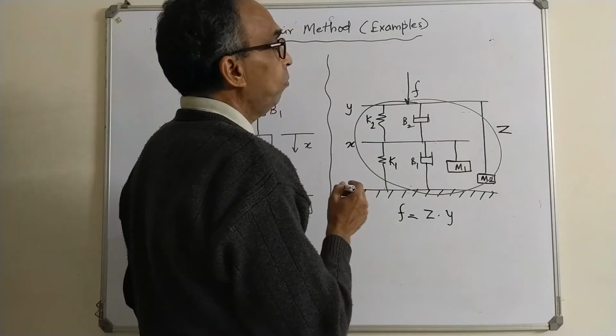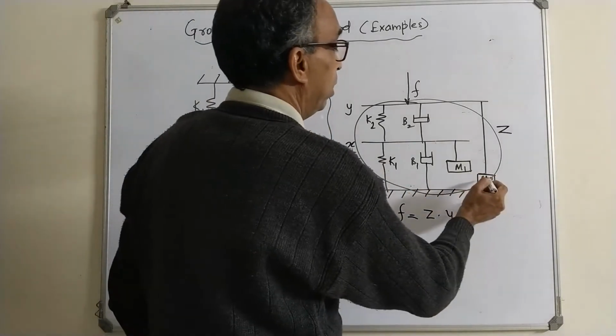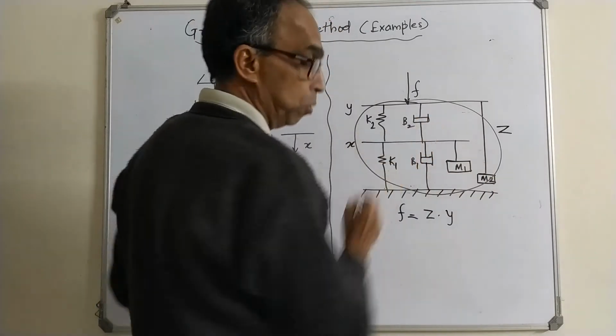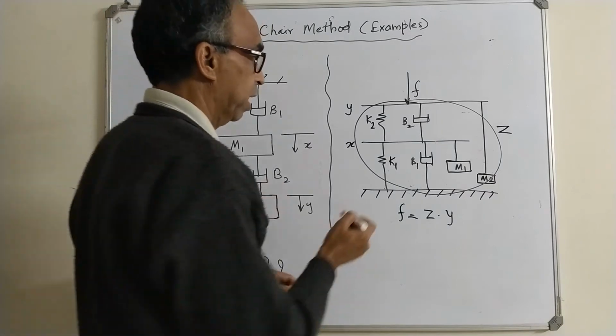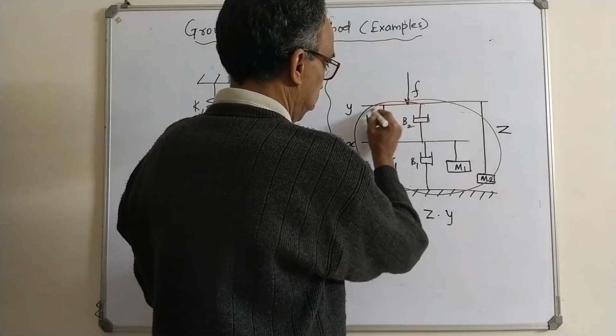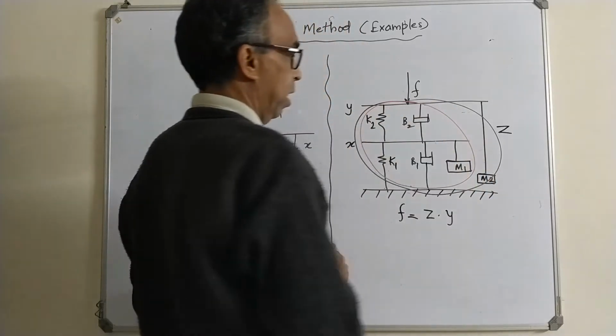Now, let us do one more thing. We'll keep this M2 apart, and I draw these lines very carefully. I draw a line isolating M2.